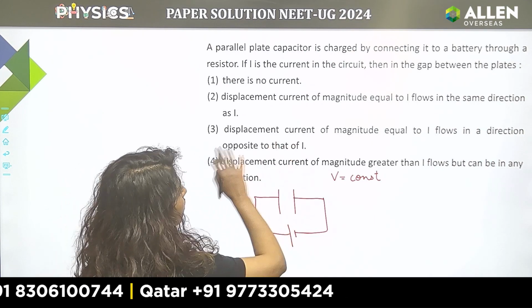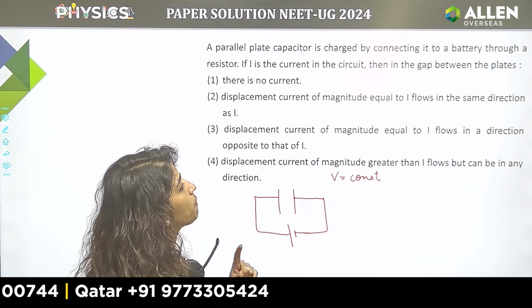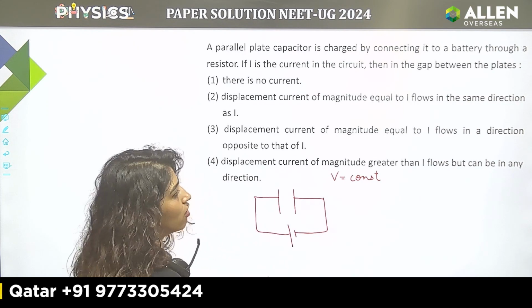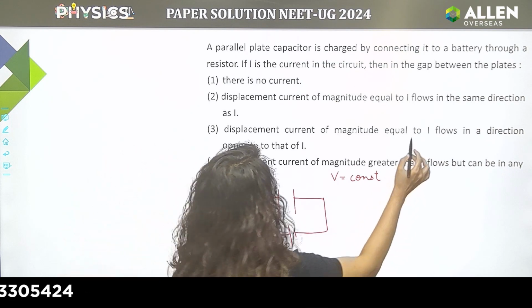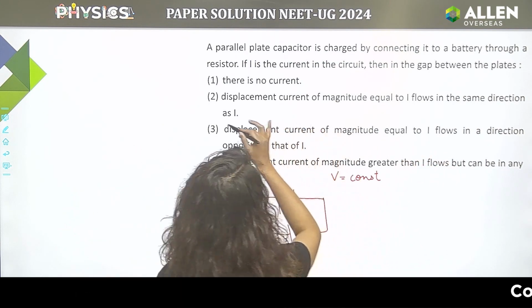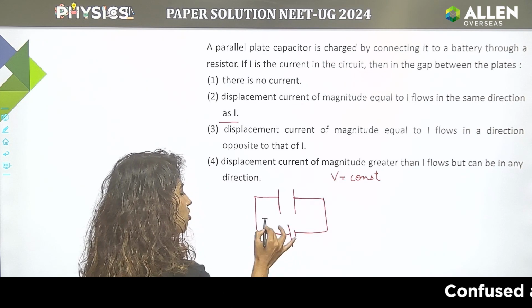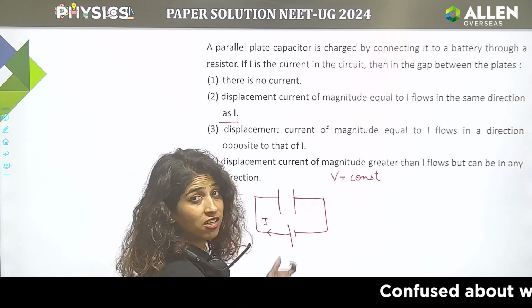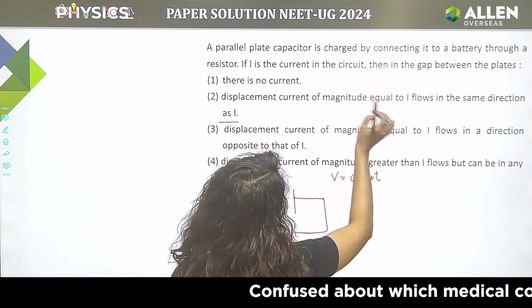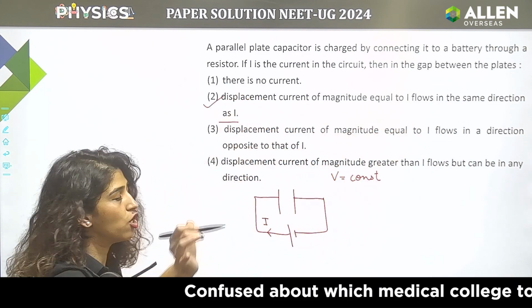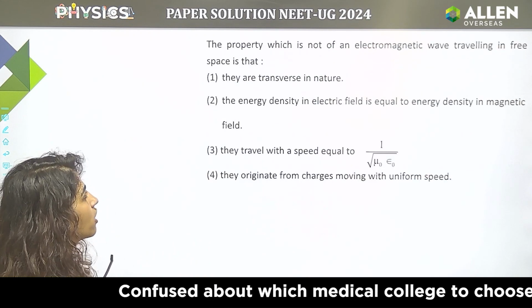What will happen here? There is definitely a displacement current. Displacement current will flow in the circuit in the same direction as that of I. So current I flows in the circuit, and there would be a displacement current within the capacitor which will also have the same magnitude and flow in the same direction. So option 2 is your correct answer here.